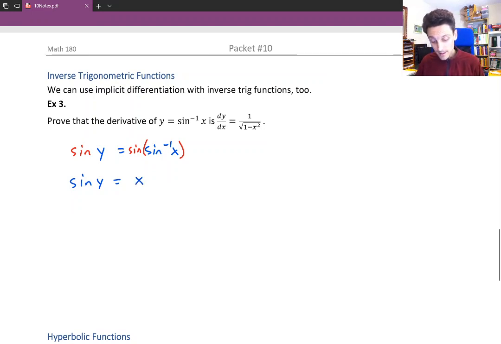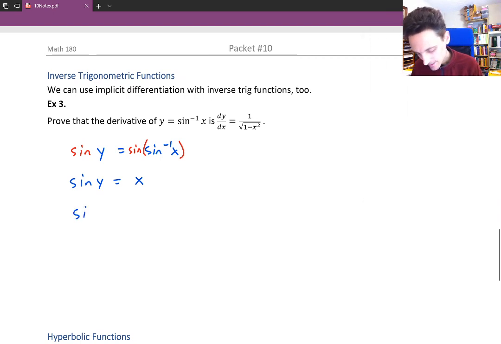Now, here what we could do is, just like with logarithms, use implicit differentiation. In other words, take the derivative of both sides with respect to x, even though we don't have y solved for explicitly. And that's going to help us take a next step.